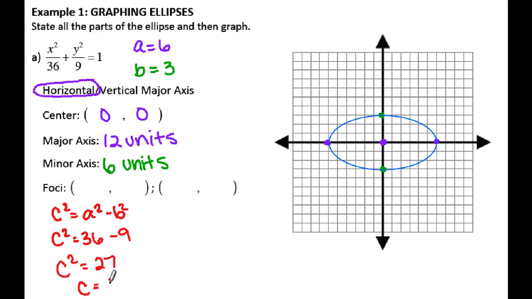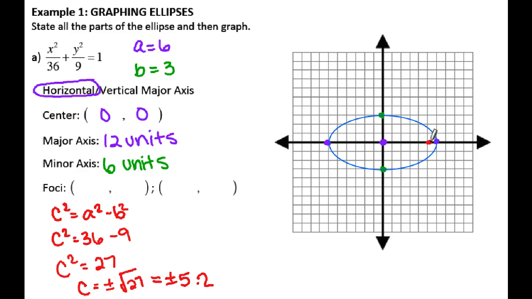So c is going to equal plus or minus the square root of 27. The square root of 27 is approximately 5.2. So c is plus or minus 5.2. C represents the distance from your center to one of your foci. Your foci are always on your major axis, so starting at my center, I'm going to go 5.2 units to the right.